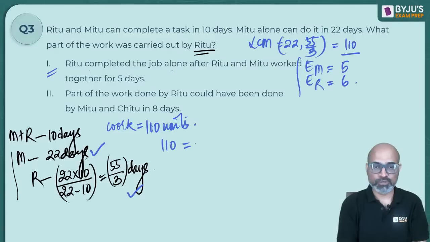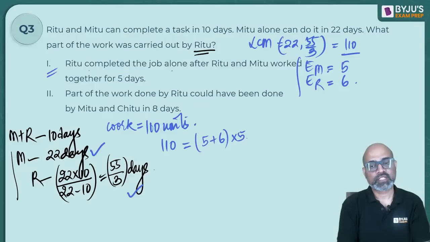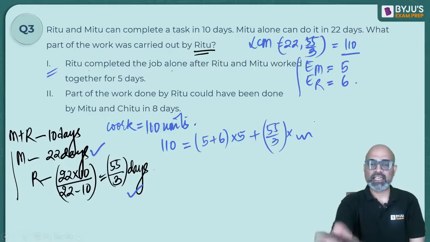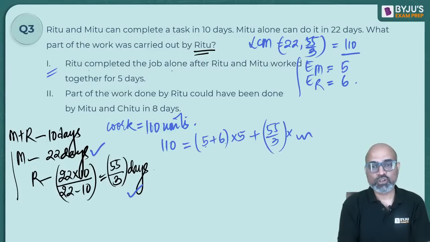Now 110 units करना है. Ritu and Mitu together worked for 5 days. Right? And then Ritu has to complete the work. So for how long did she work? क्या लिखे इधर? So this is going to be 11 into 5, 55 है इधर. 55 will go to the other side.